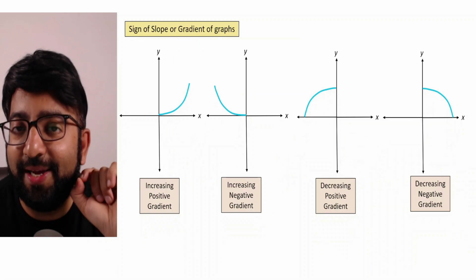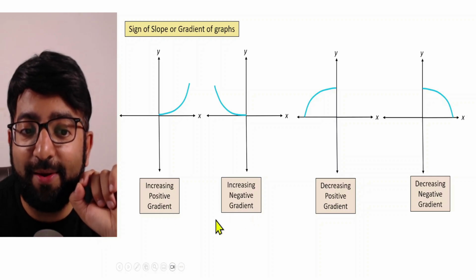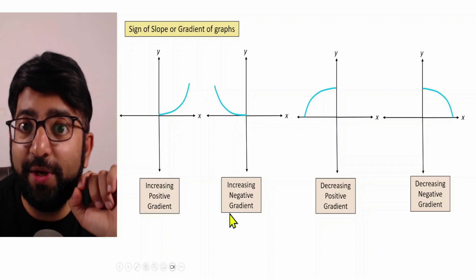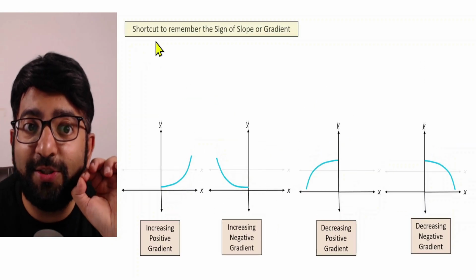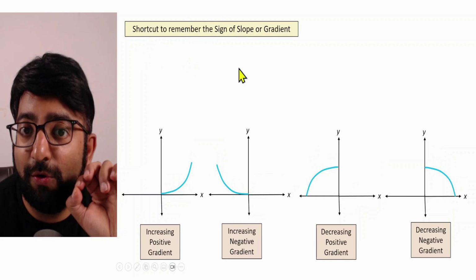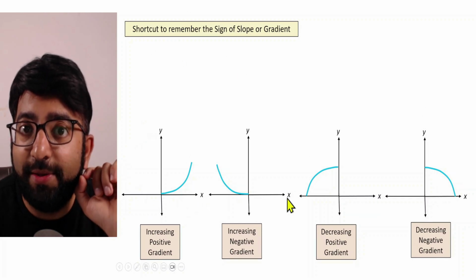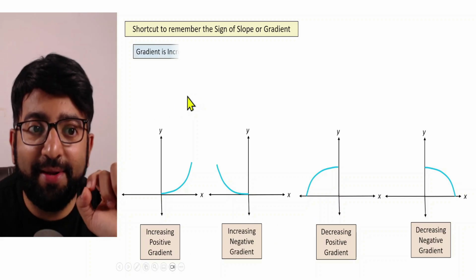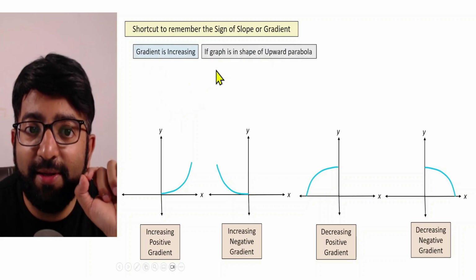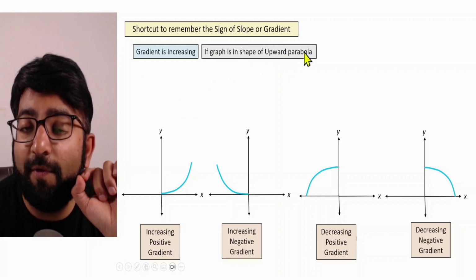But what I've observed is in the exam, students tend to forget which graph corresponds to which kind of gradient. So to solve that problem, now let us discuss a shortcut to remember the sign of the slope or the gradient. If you analyze all these four graphs, either the gradient is increasing or decreasing. And the shortcut is if the gradient is increasing, then the graph is always an upwards parabola.